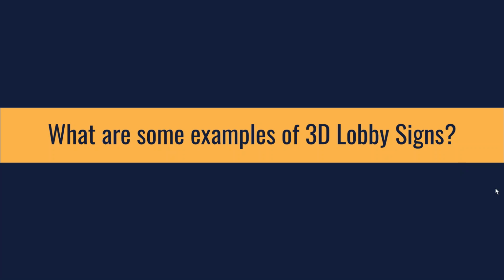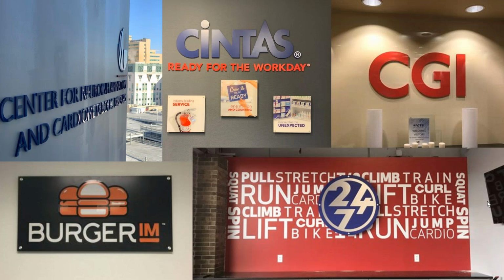So examples of 3D lobby signs, there are several different examples. Most of it focuses on the logo of the company, but they are made of many different materials and presented many different ways. For example, you can make a lobby sign that is your logo in strictly one plain color.